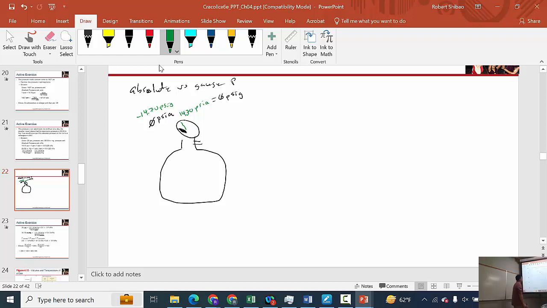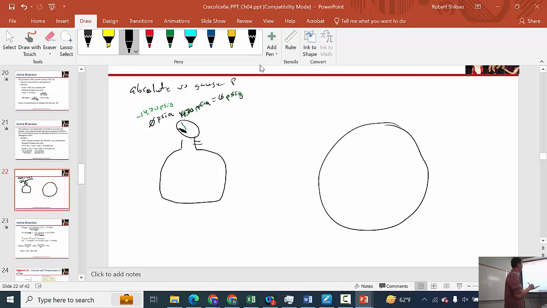All right. I made a mistake with the colors. PSIA should be black. 14.7 PSIA. And then PSIG I was doing in green. And so when I look at the dial of a gauge, the dial of the gauge would be something like this.